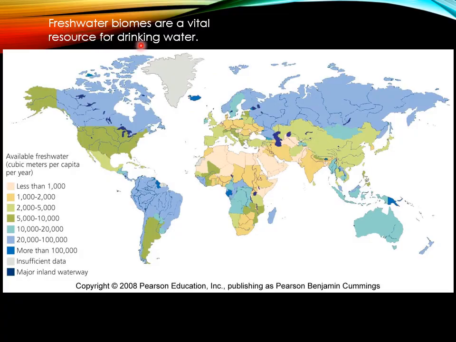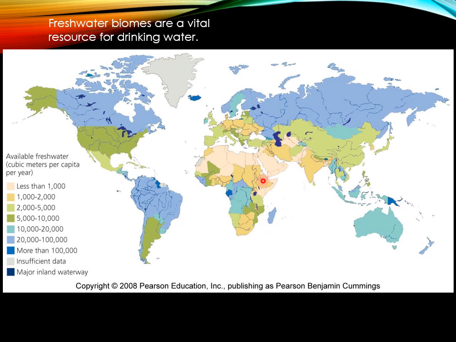And so freshwater biomes are going to be a vital resource for drinking water. And as we just said on the previous slide, freshwater is unequally distributed. So this is one of the major concerns, is trying to figure out for a lot of countries how to get drinking water to their people. So in some cases, the countries live in dry areas where maybe they get very little rain or the rain is seasonal.